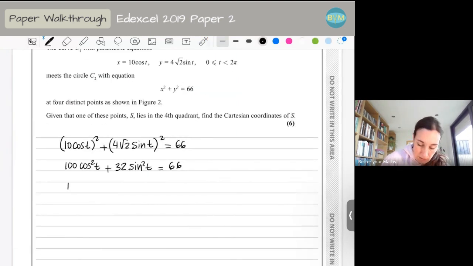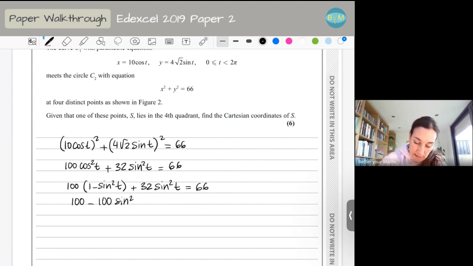So I'm going to do 100, 1 minus sine squared. Maybe it was better the other way around. And I have everything in sine squared. So I have 100, just expanding the bracket, minus 100 sine squared t plus 32 sine squared t equals 66.